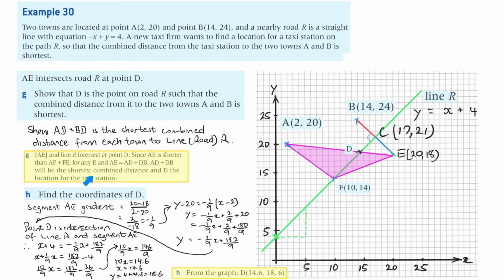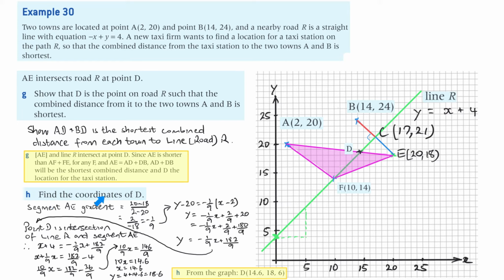AD plus DB will be the shortest combined distance and D the location for the taxi station. So what they're saying is because that distance is the same as that distance, that would obviously be the point which is going to be the shortest. Because this distance from there to there is the shortest distance between these two, that would mean it's also the shortest distance that way. Yeah, kind of makes sense, huh?